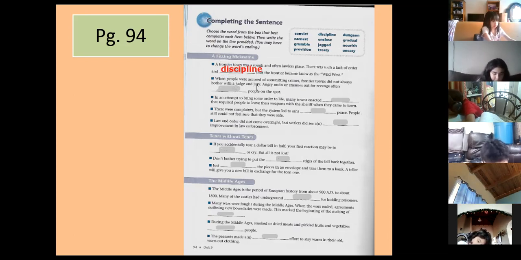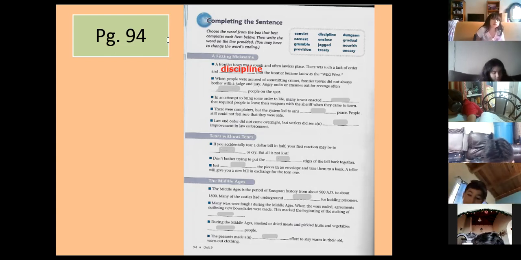Okay, number 2, Rebecca. Read number 2, Rebecca. When people were accused of committing crimes, the frontier town did not wait. Rather, a jury hanged people on the spot, seeking revenge.